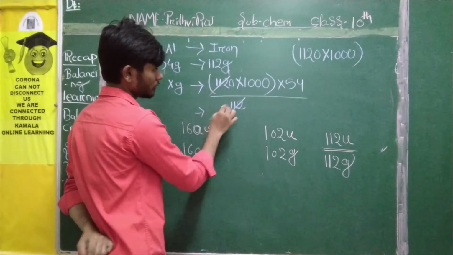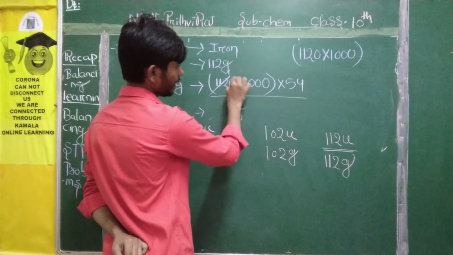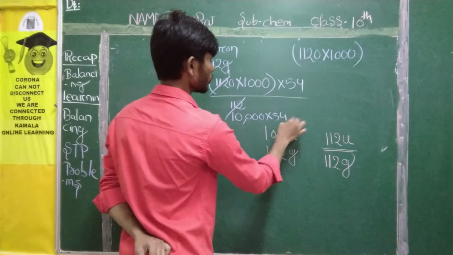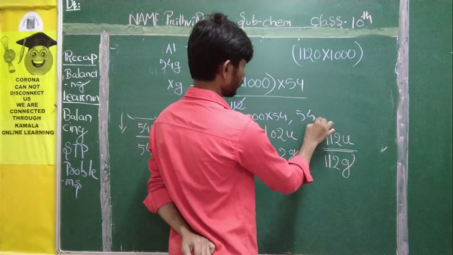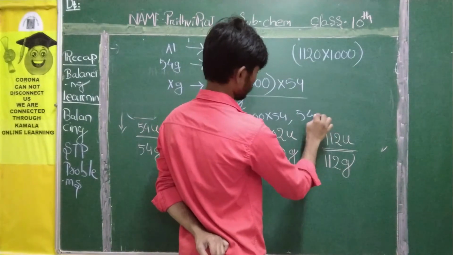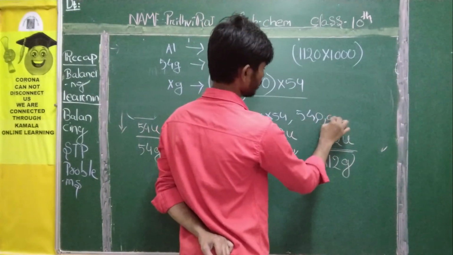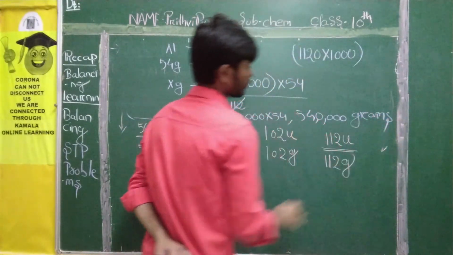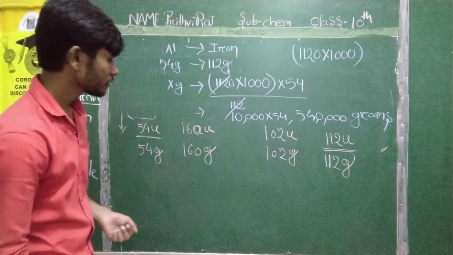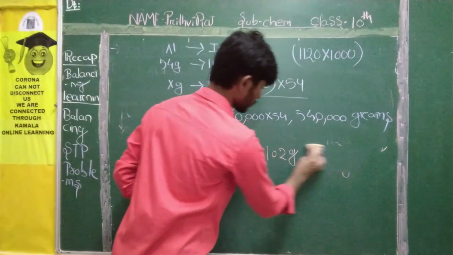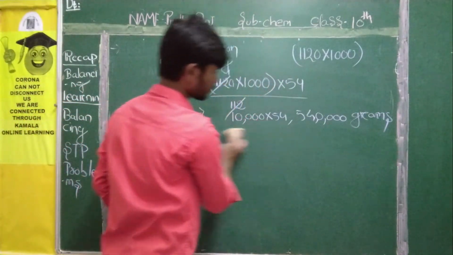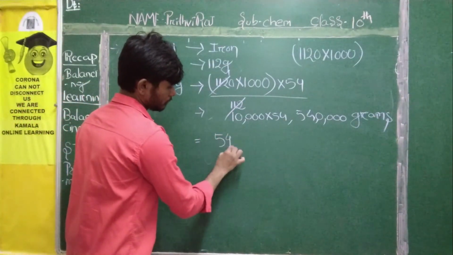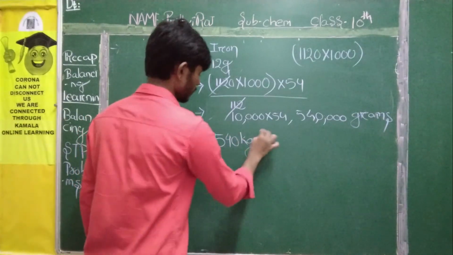You got 10,000, right? 10 multiplied by 1000, that is 10,000 into 54, that is 5,40,000 grams, or 540 kg.